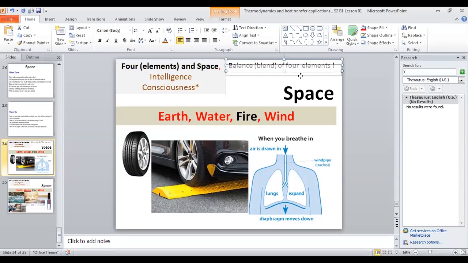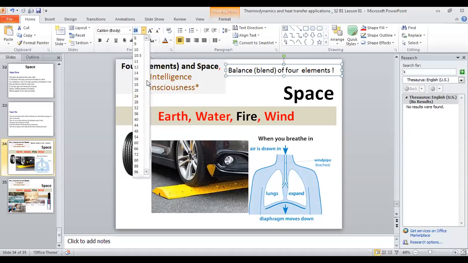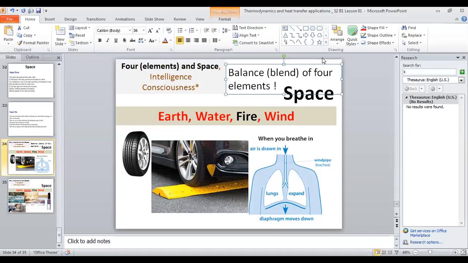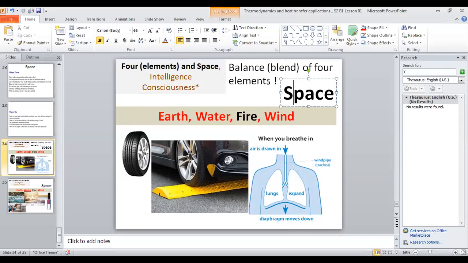Balance and blend, both are not that proper, but these are the two words in my mind to show a balance, blend, or a mix of elements and space.